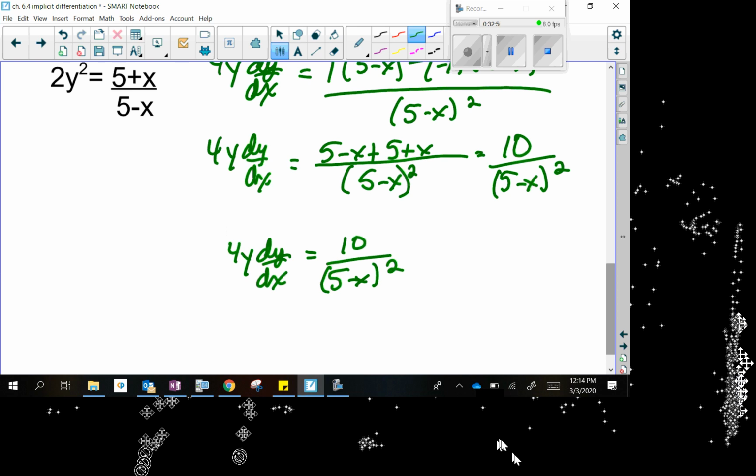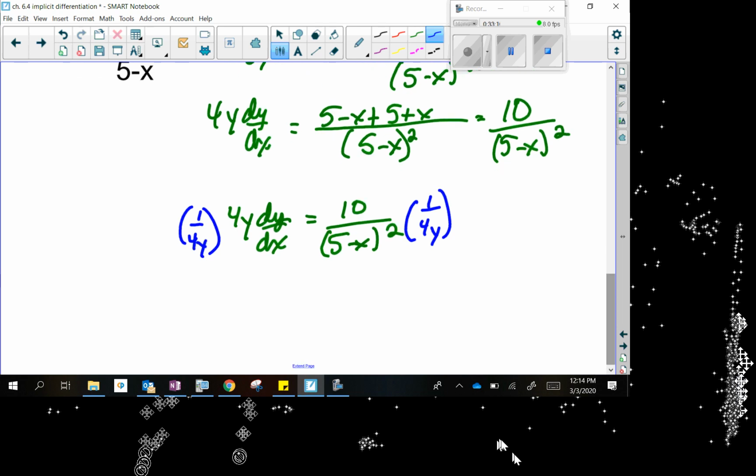All right, now what do we do? Divide by 4y. One way to think about that is we're actually multiplying by 1 over 4y. It's the same thing as dividing by 4y. Is everybody good on that? This is just a shortcut way to think about it.